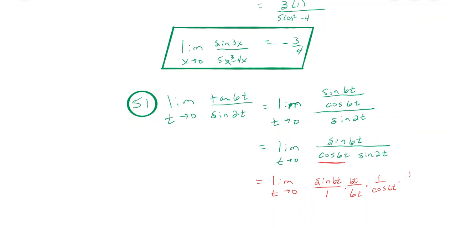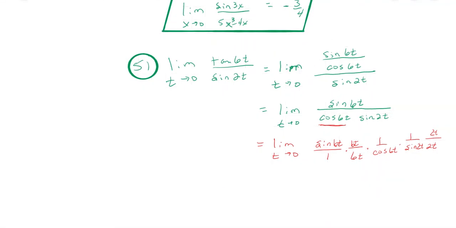And then I would have 1 over sine of 2t, and it needs a 2t to match up with it. So I would have to multiply by a 2t down there to be multiplied by a version of 1, correct? So these are a match, and these are a match. So what I've got is this is going to go to 1 times 6, right? Everybody with me so far?